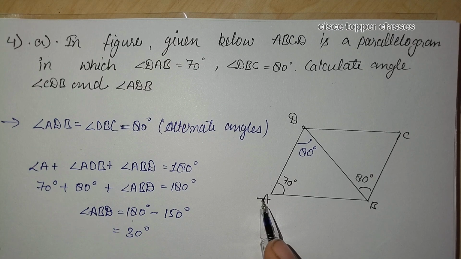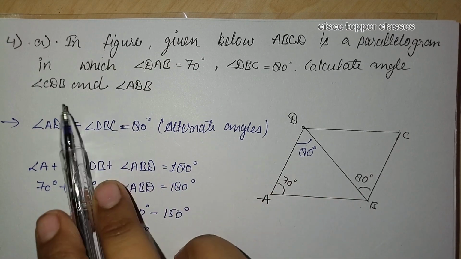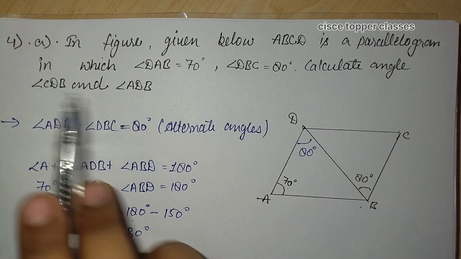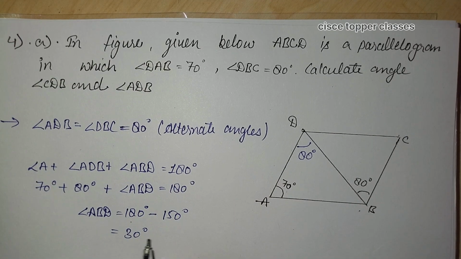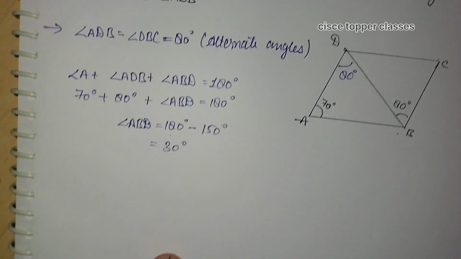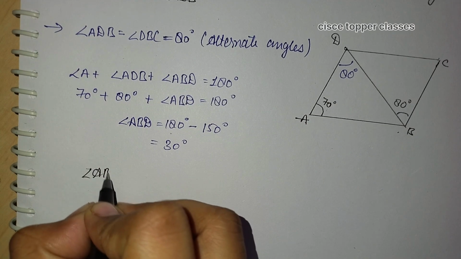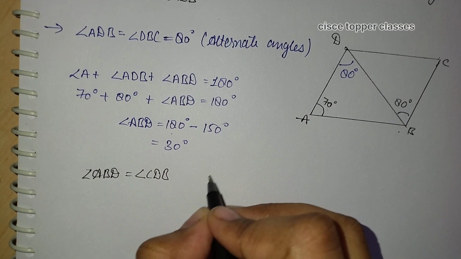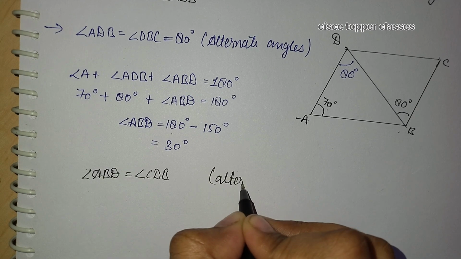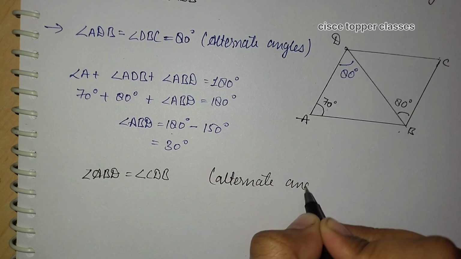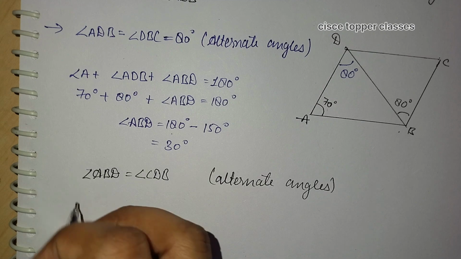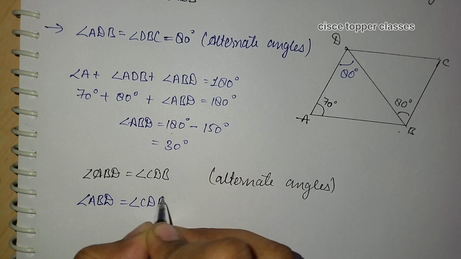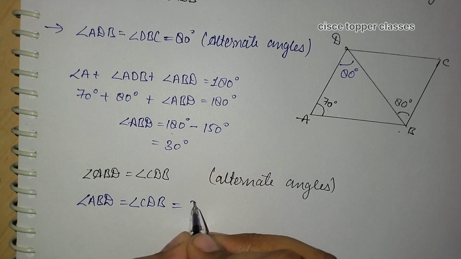And as we have found the value of angle ABD, again we have to find the value of CDB. So again these two, angle CDB and angle ABD, are alternate angles. So we can simply write that angle ABD is equal to angle CDB, because they are alternate angles, as AB is parallel to DC. Now we can simply write ABD is equal to angle CDB, which we have previously found the value of ABD as 30 degree.